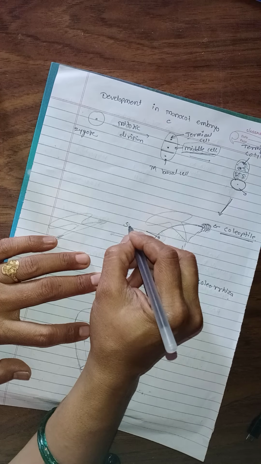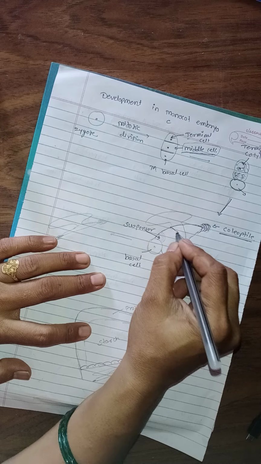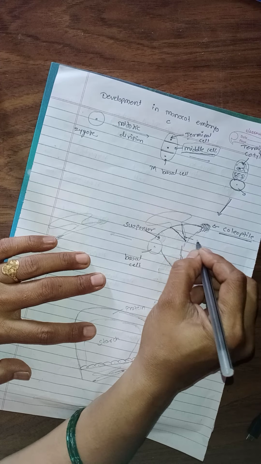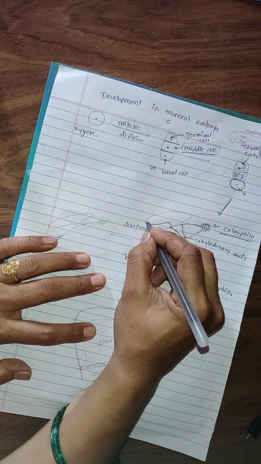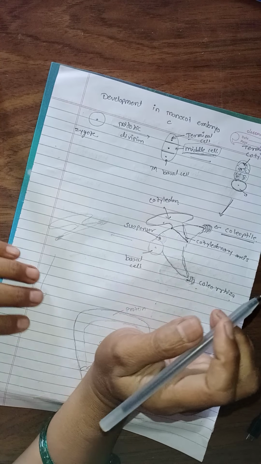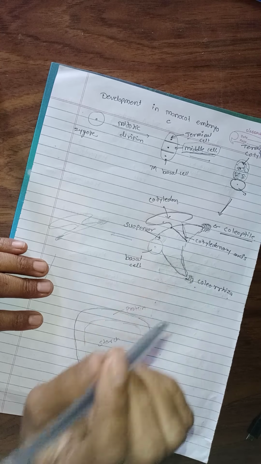This is suspensor. Then this one is cotyledonary axis, and from this structure is cotyledon. A single cotyledon is present, that means monocot. Later these suspensor and basal cells degenerate, and the structure looks like this.